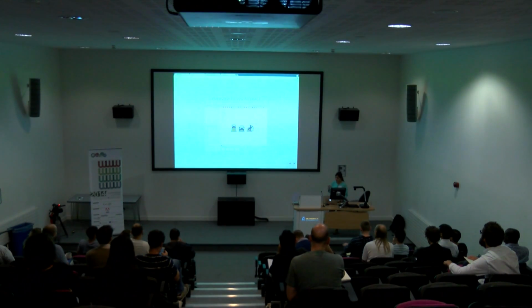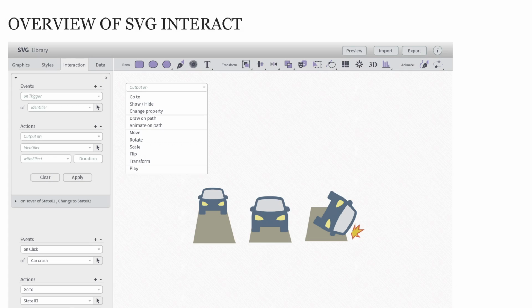So to give you an overview of SVG Interact, you have a lot of tools in the market today to draw SVG. They need not all draw in SVG, they draw vector, like Illustrator, Inkscape, Mondrian, SVG edit. However, all of them are still confined to SVG drawing.